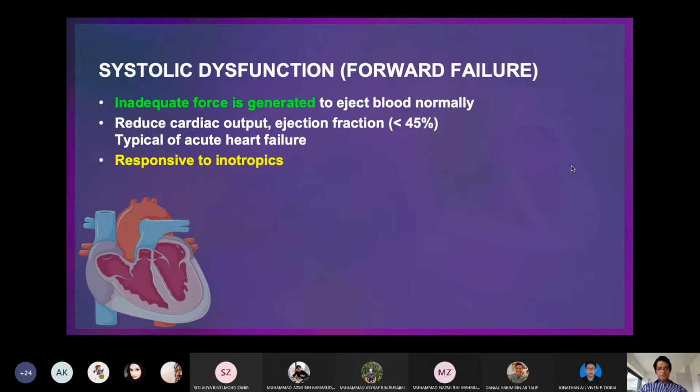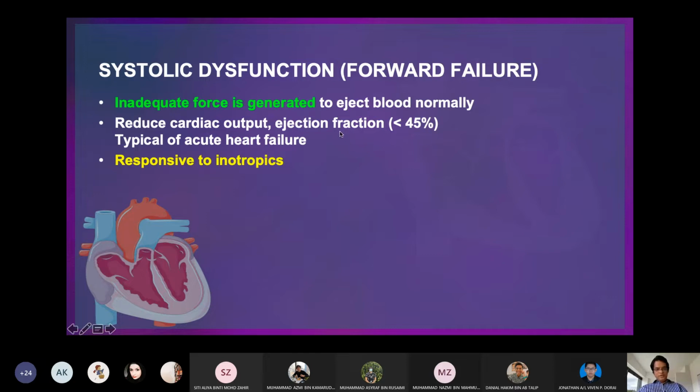So let's go through. Systolic dysfunction means forward failure. Inadequate force is generated, or mostly aortic stenosis is there. It is responsive to inotropes, meaning drugs that can increase cardiac contractility. Ejection fraction is significantly low here.